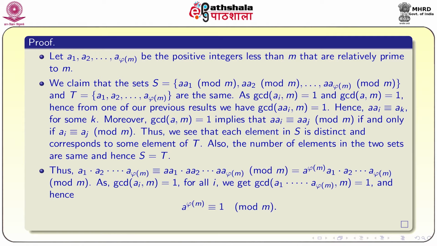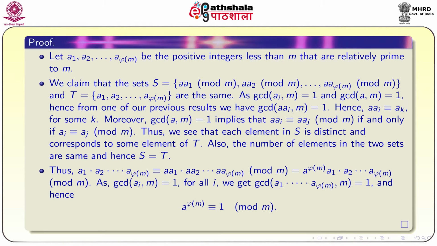Since GCD of a comma m equals 1 from the hypothesis, and GCD of ai comma m equals 1, from one of the previous results we have that GCD of a into ai comma m is also equal to 1. Hence a into ai is equal to ak for some k, since the only integers from 1 to m which are relatively prime to m are a1, a2, up to a phi of m.